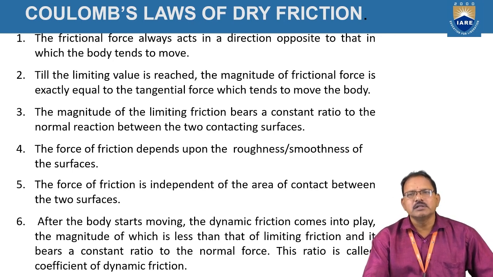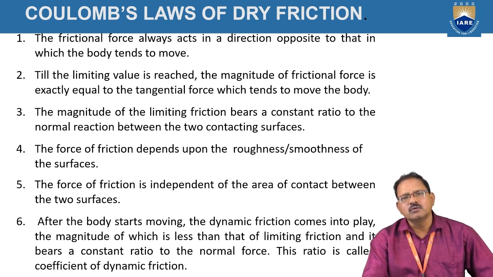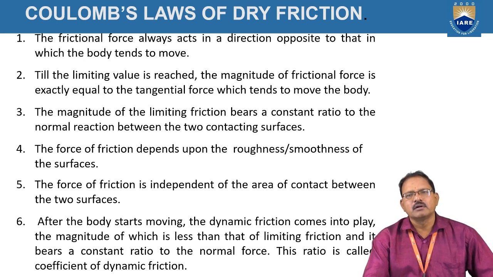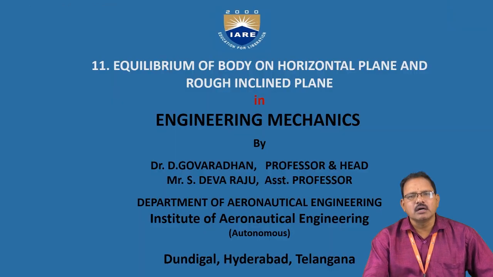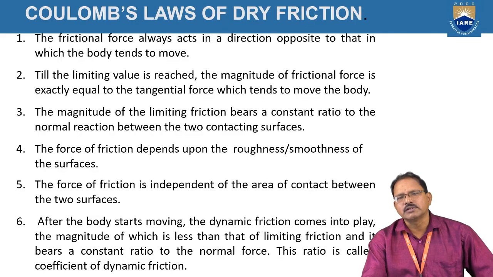The force of friction is independent of the area of contact between the two surfaces. After the body starts moving, dynamic friction comes into play, the magnitude of which is less than the limiting friction, and it also bears a constant ratio to the normal force. This ratio is called the coefficient of dynamic friction.